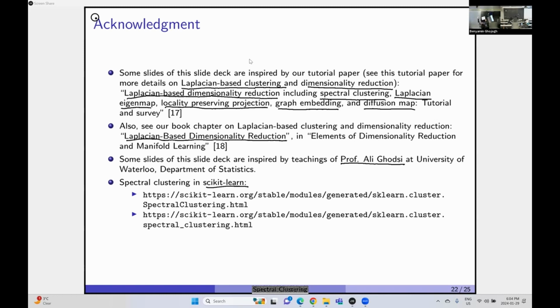Dot transform or dot predict is test phase. Okay, and fit underscore transform usually means train with this data and test on it. Okay, train on this data and also test on it. You got it. So these are the 3 main methods or functions in scikit-learn for different methods. And these are the references.